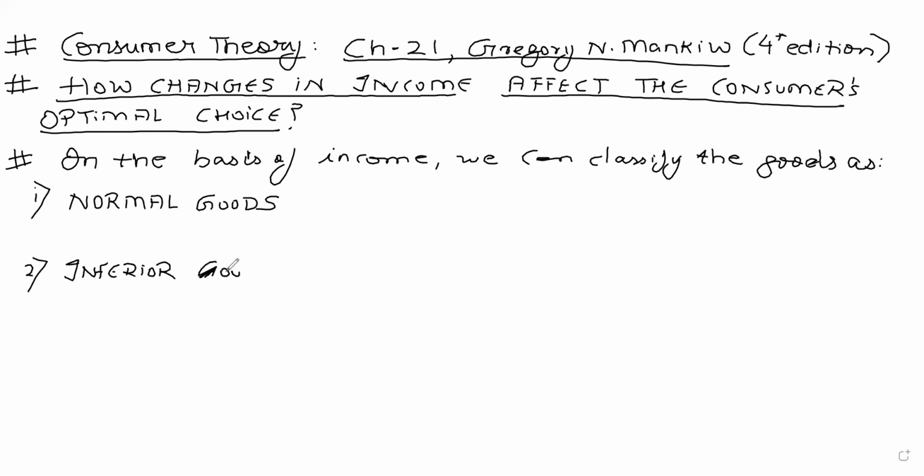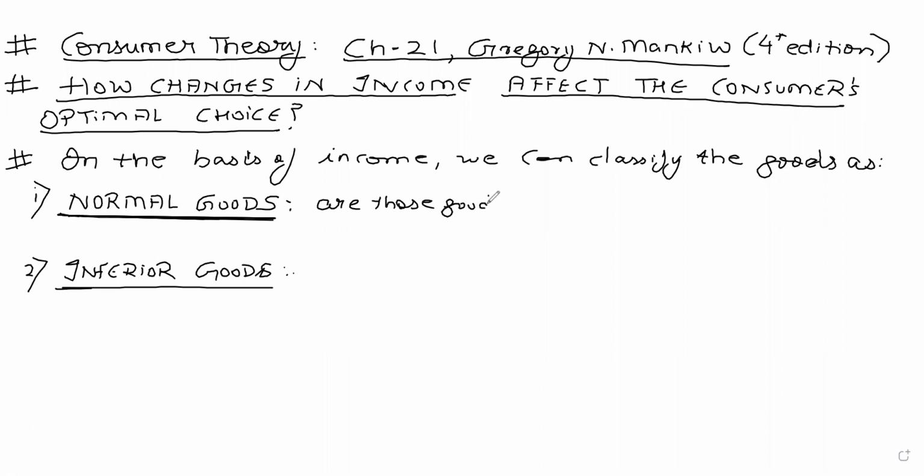If you recall from the lectures on demand and supply which we have covered before, what are normal goods? Normal goods are those goods which share a direct relationship with income.